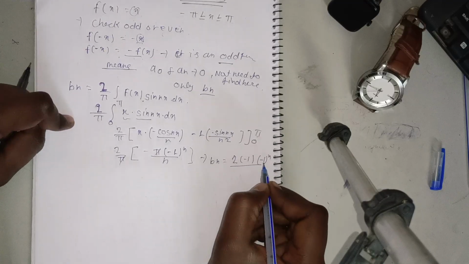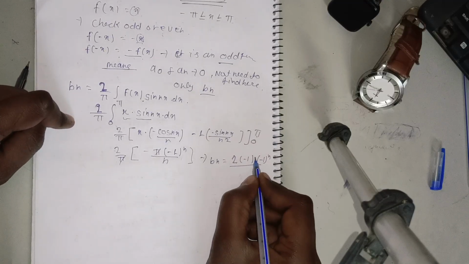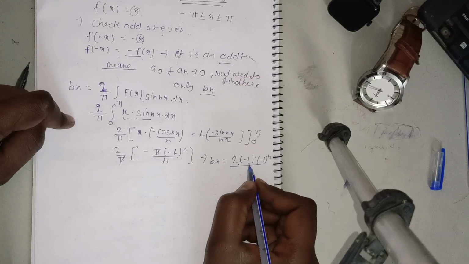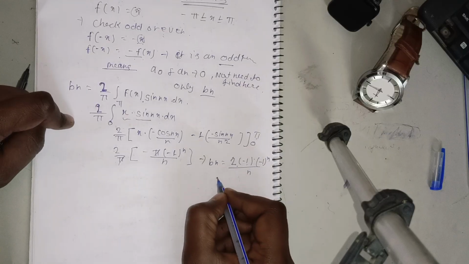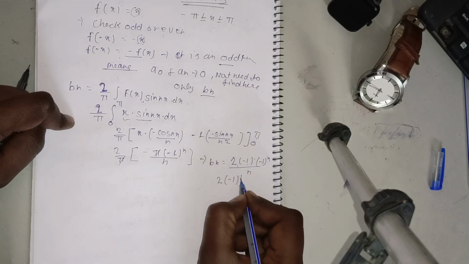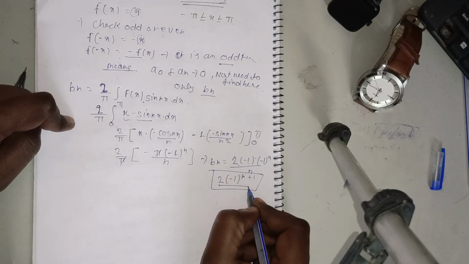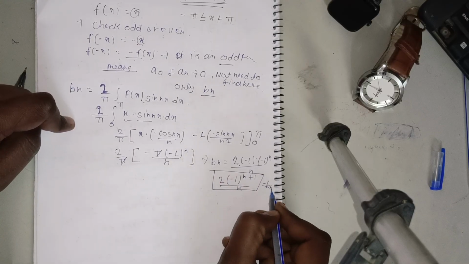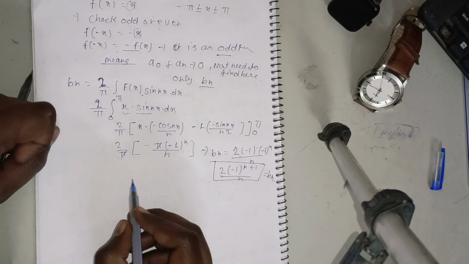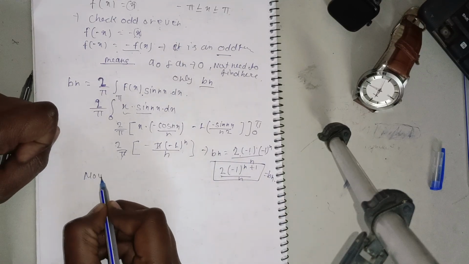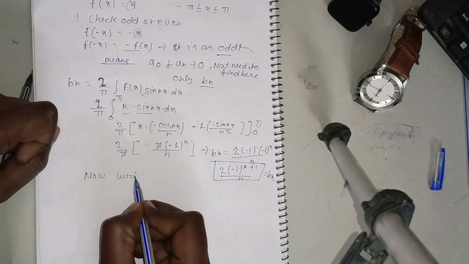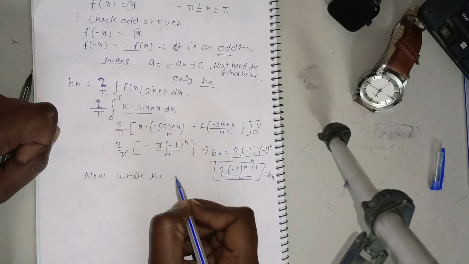I hope you all have understood why I write like this, just because this can be written as n plus 1. So 2 times minus 1 to the power n plus 1 upon n, this is equal to bn. Now simply write the Fourier series.